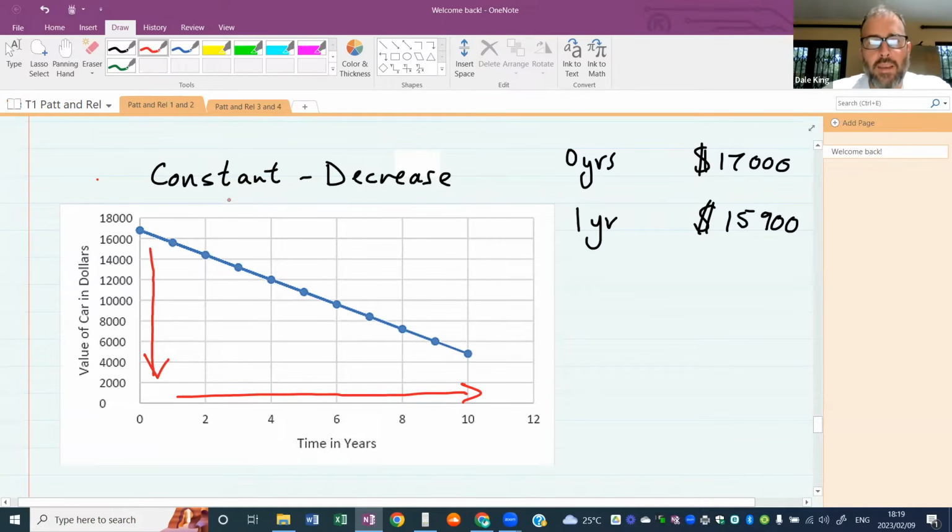Okay, so this is a constant decrease linear graph. All right, and you do see these graphs sometimes in exams. It just means that as the x value is increasing, the y value is decreasing.